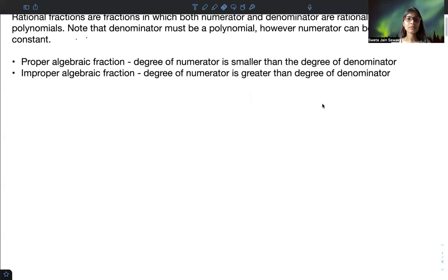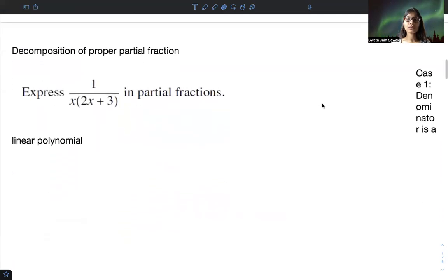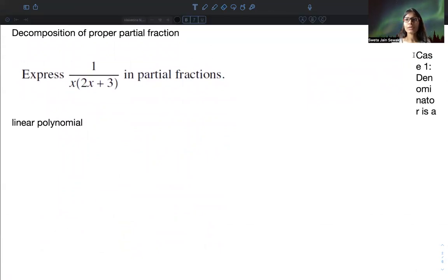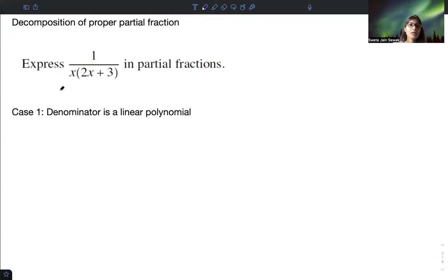Let's take a look at the cases now. We have case 1, in which the denominator is a linear polynomial. For example, here the denominator is x and 2x plus 3.